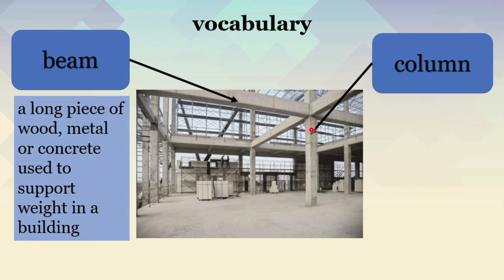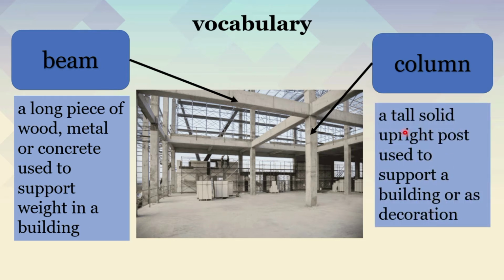A beam is a long piece of wood, metal, or concrete used to support weight in a building. And a column is a tall, solid, upright post used to support a building or as decoration.